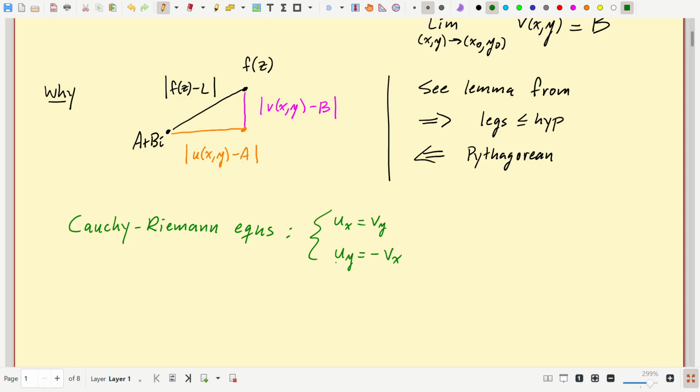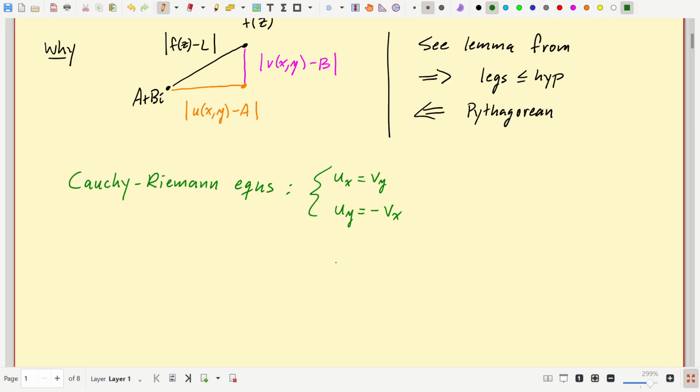So for the first one, to understand where they come from, here's step one. Let's suppose f is complex differentiable at just one point. Remember, to be analytic, it's got to be complex differentiable on an open set.